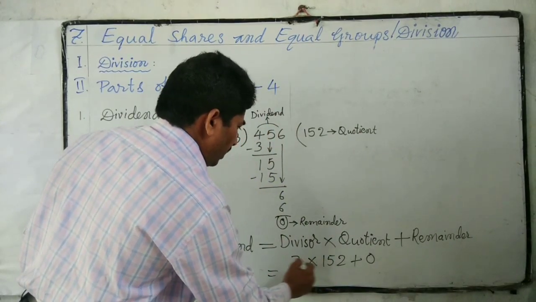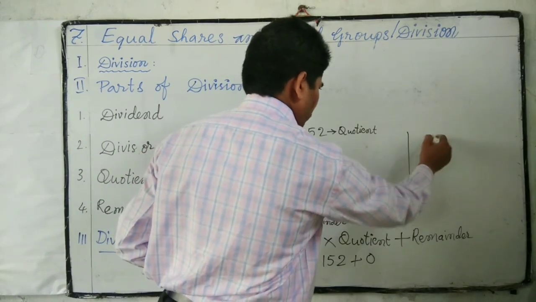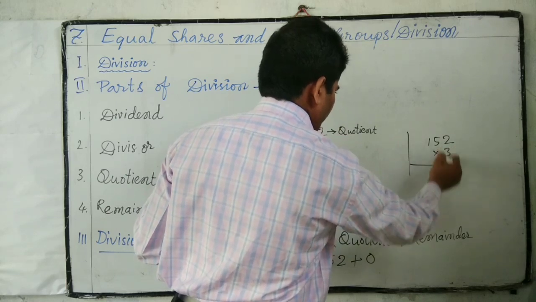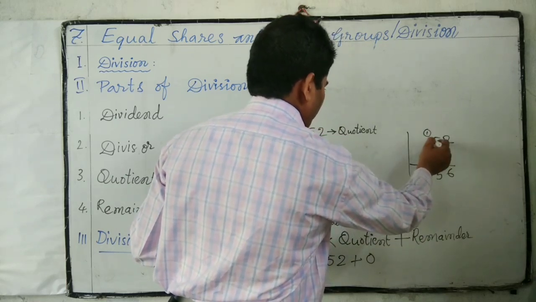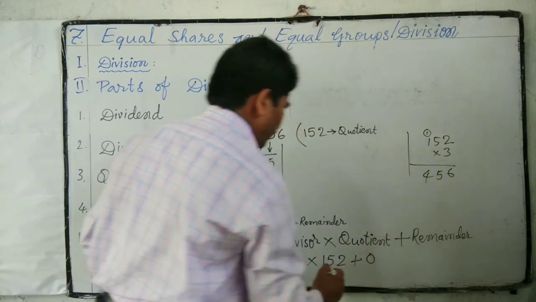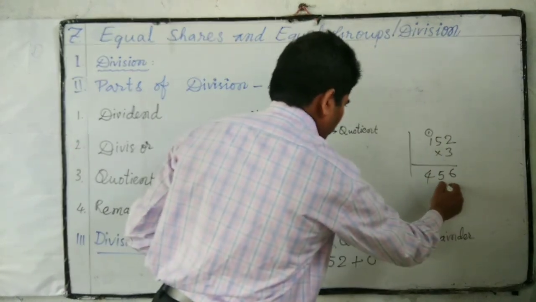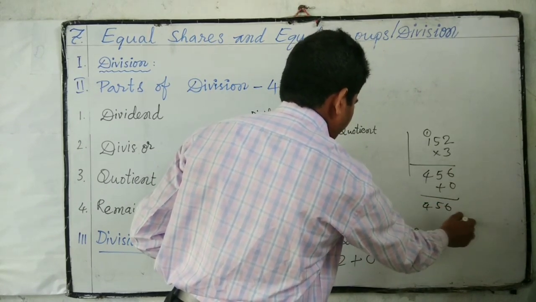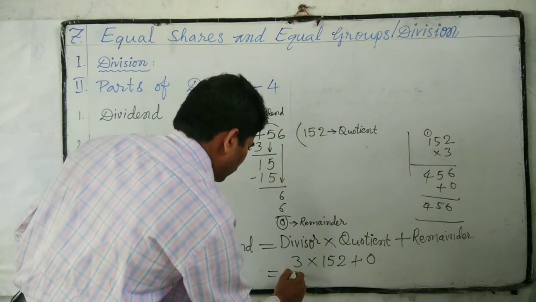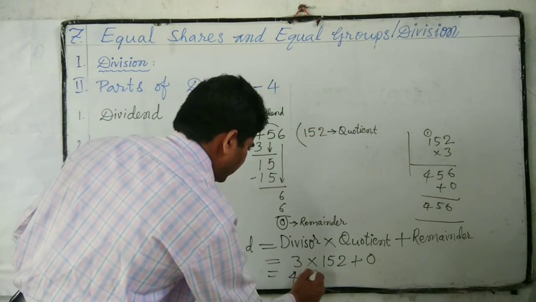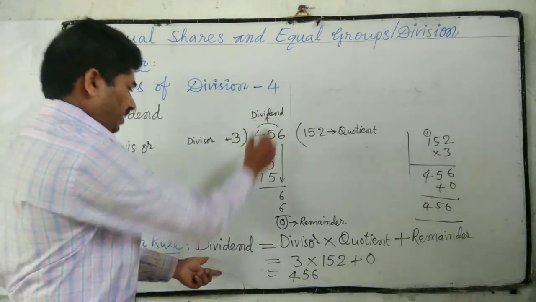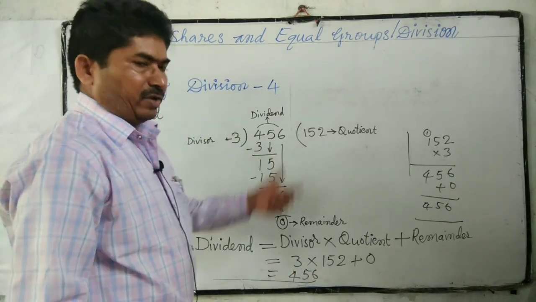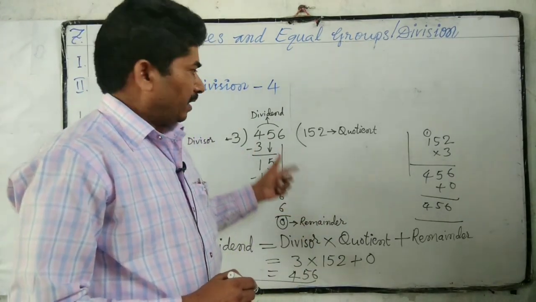So 152 into 3: 3 twos are 6, 3 fives are 15, 1 carry, 3 ones are 3, 4. 456 plus 0 is 456. So we got this dividend, 456. So this division is correct.